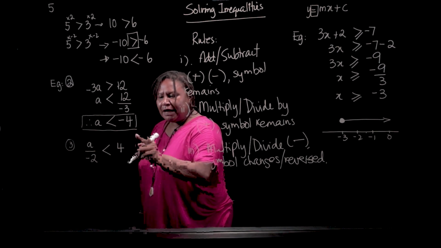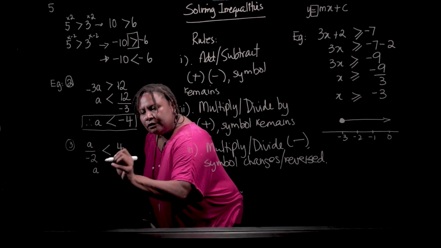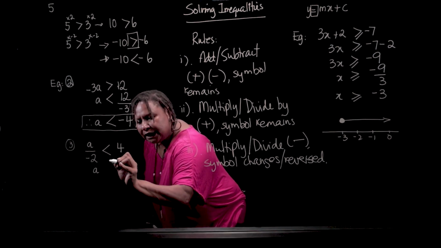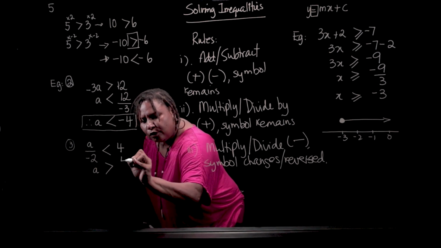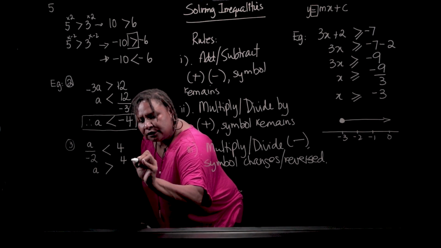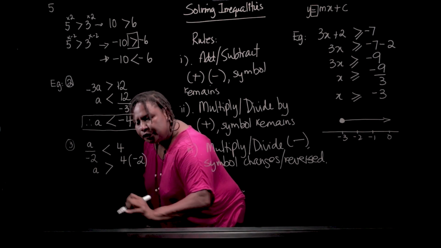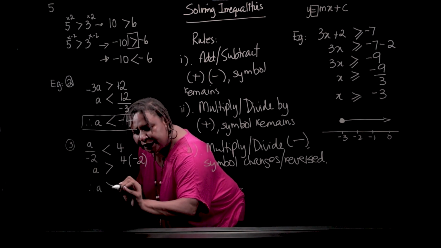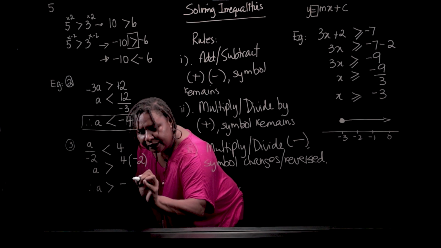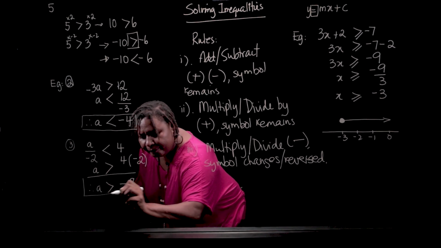So we are going to multiply by negative 2. Your symbol here is now greater than. 4 times negative 2, so a is therefore greater than negative 8. All right?